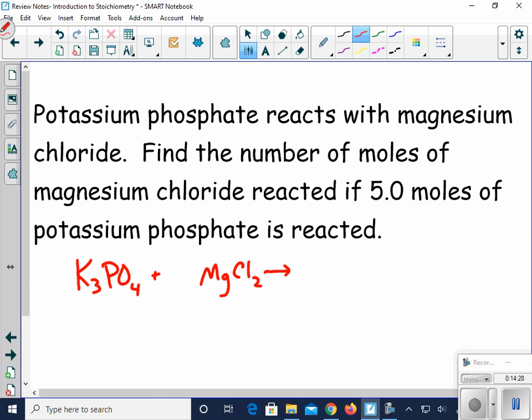So I need to decide what type of a reaction this is. Anybody got any ideas? Ashton? This is a double replacement number 1. 2 salts are reacting. So what I'm going to do is I'm going to flop my cations. So it's going to give me KCl and magnesium phosphate.